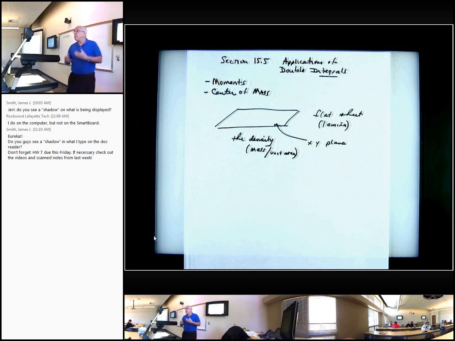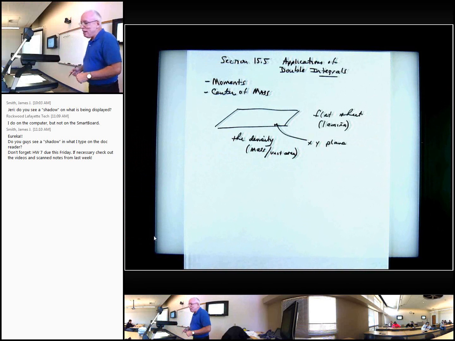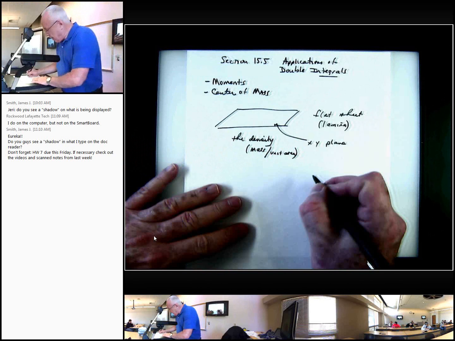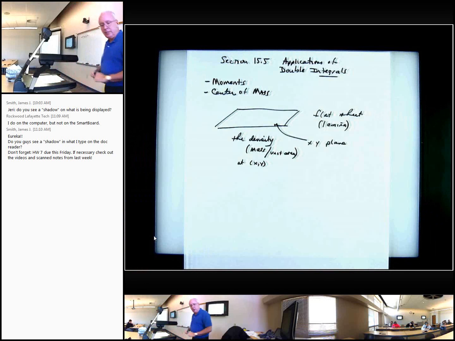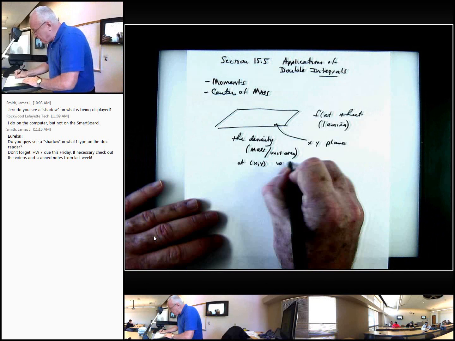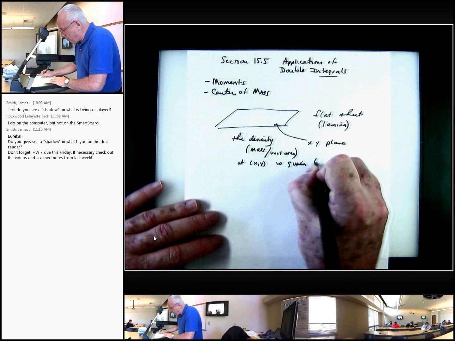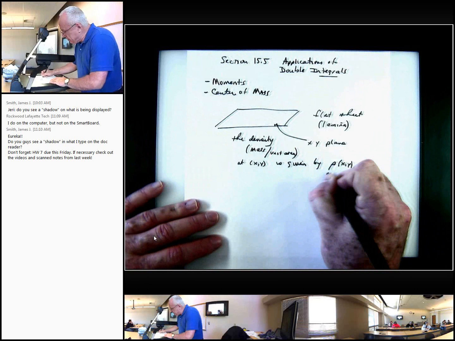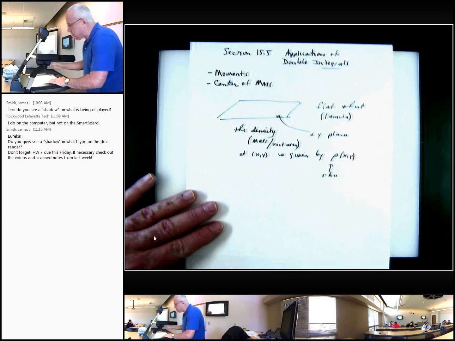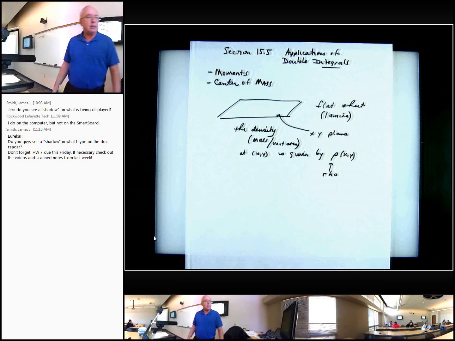It has a lot of mass per unit area, okay? Density at the point x comma y on it is given by a formula, rho of x y. This isn't a p, it's actually the lowercase Greek letter rho.